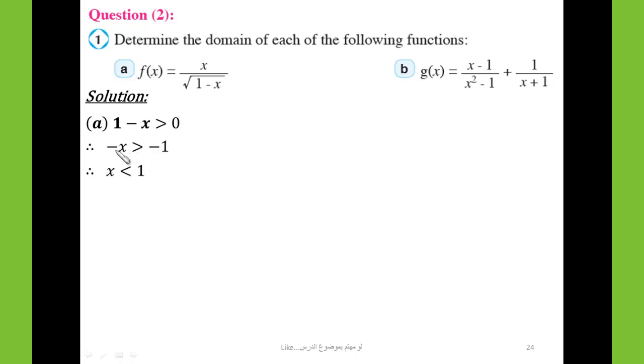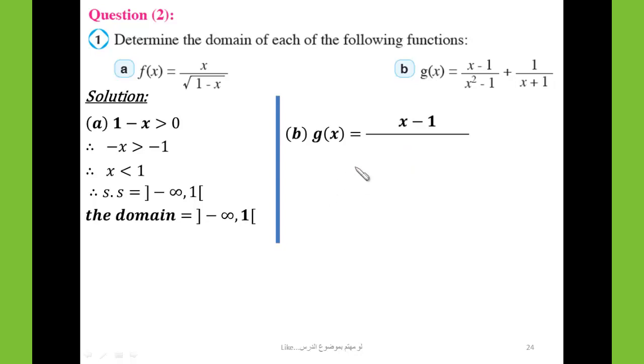Here negative x is greater than -1, so we have x is less than 1. So the solution set of this inequality equals the open interval negative infinity to 1, and the domain is the same solution set, negative infinity to 1.